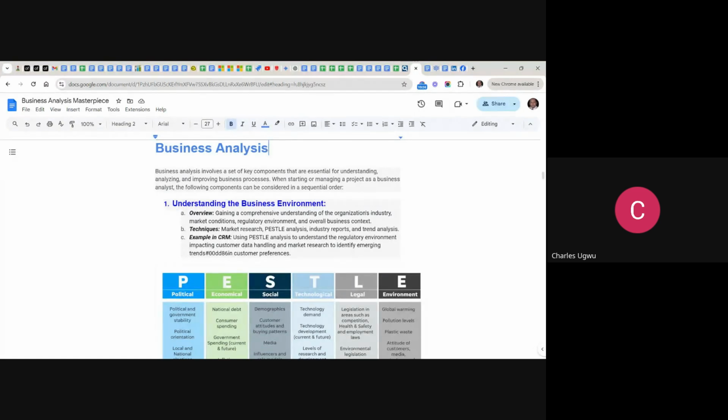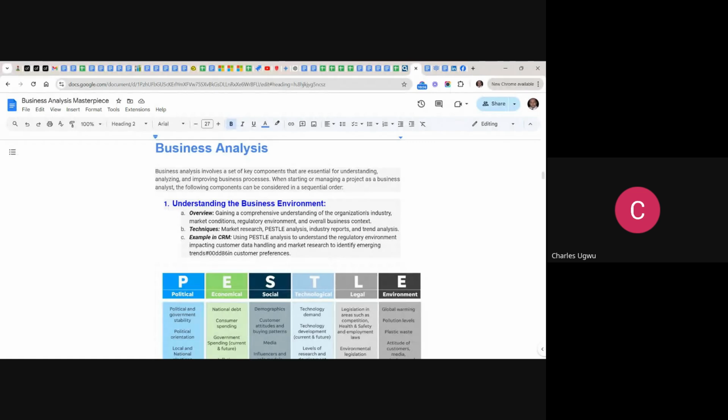When we talk about industry reports, there are a lot of consultancy firms. We can check on their reports. When you talk about trend analysis, you can equally look at market trends. A lot of business articles, journals. As business analysts, you need to be reading some of these articles.